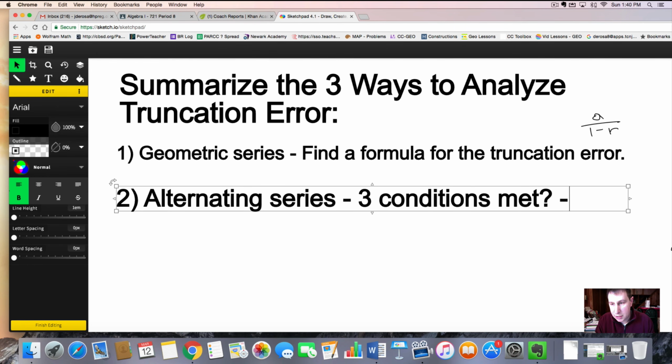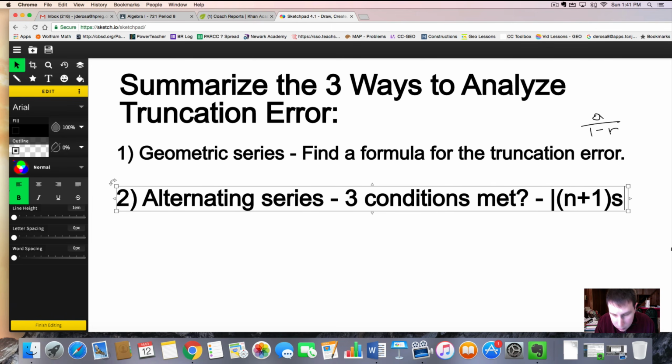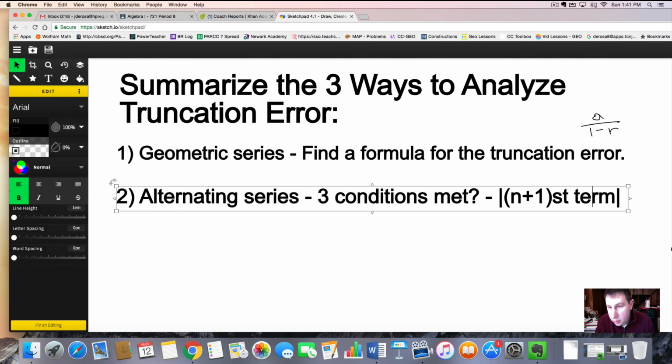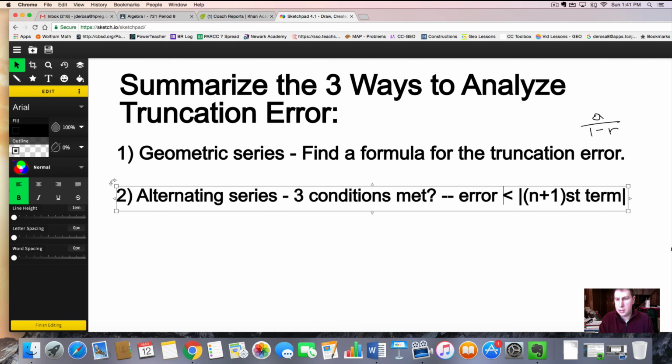If it does, then you simply go to the absolute value of the n plus 1th term. Then we can say that the error is less than that n plus 1st term.